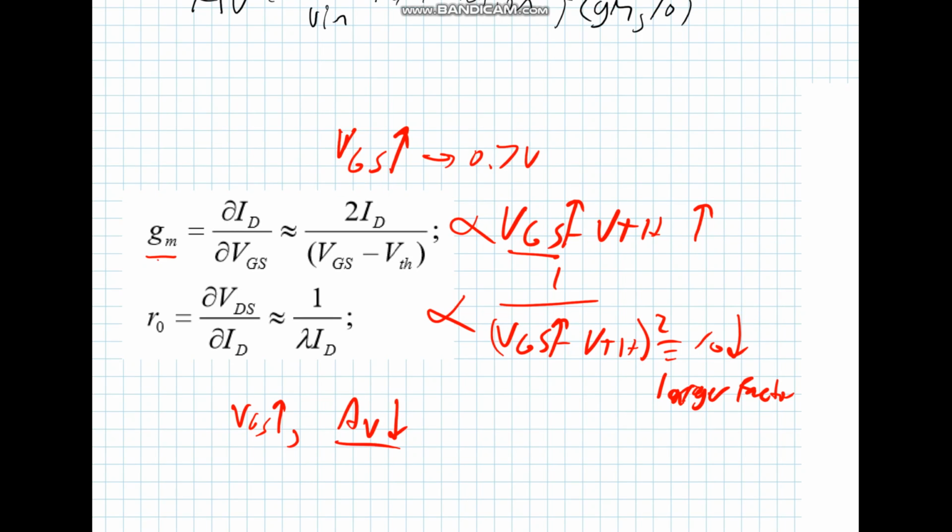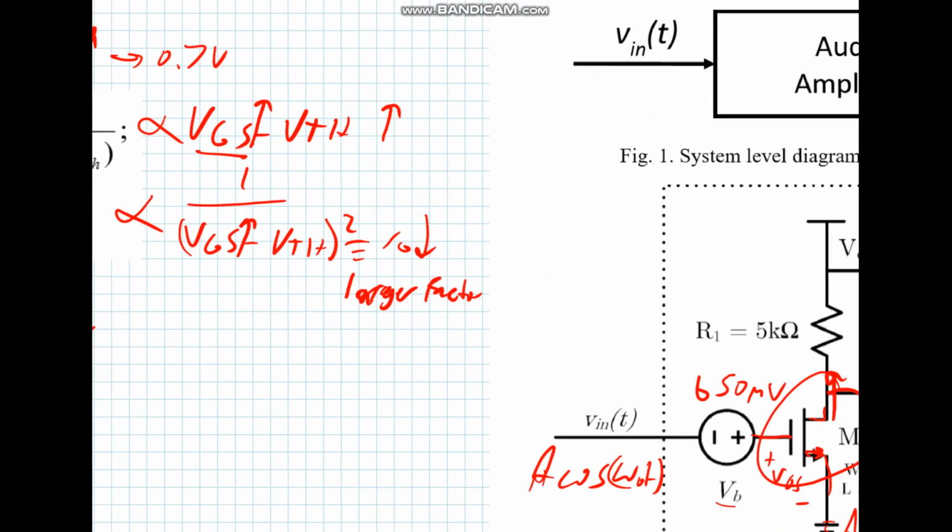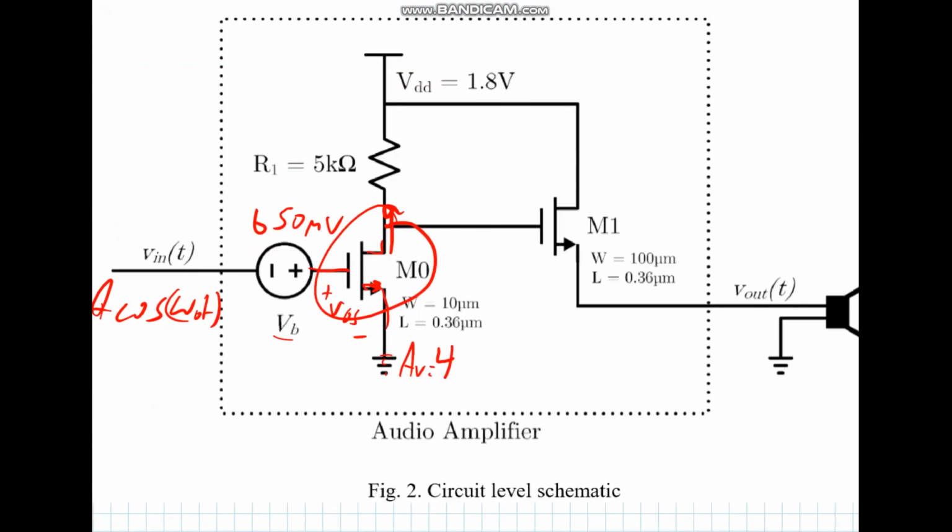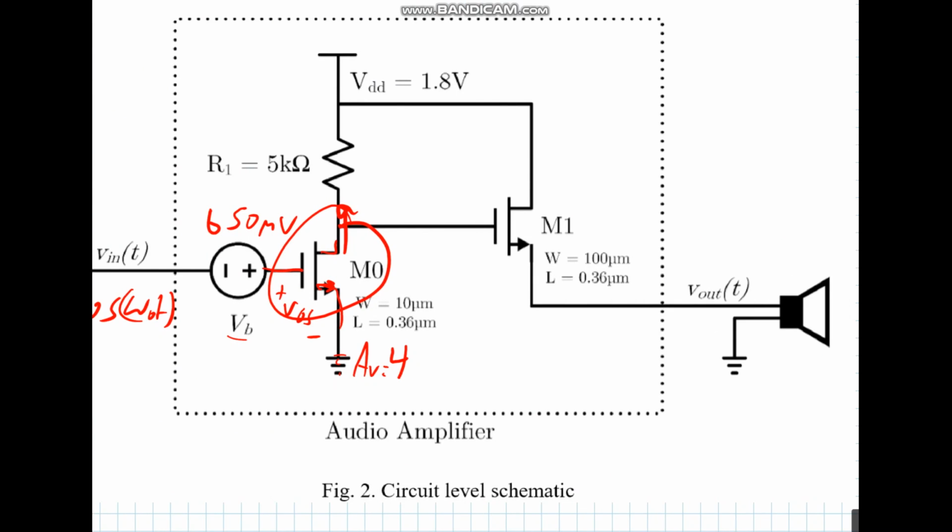Moving right along, we can look back at our circuit and start to investigate the small signal model for these MOSFETs, to see why we have this common source here and also a source follower transistor here.